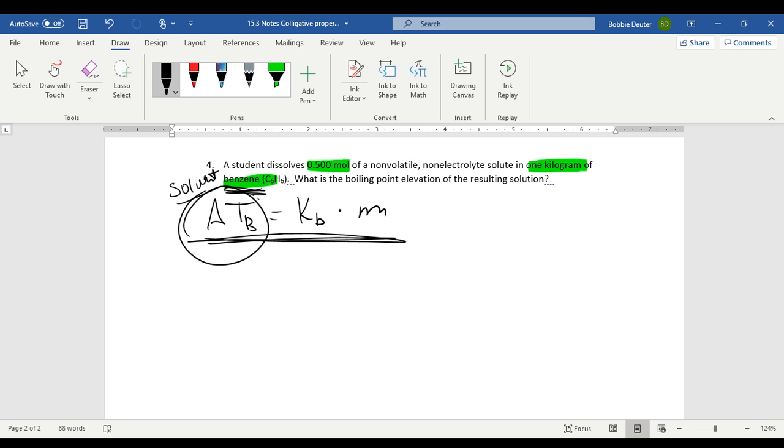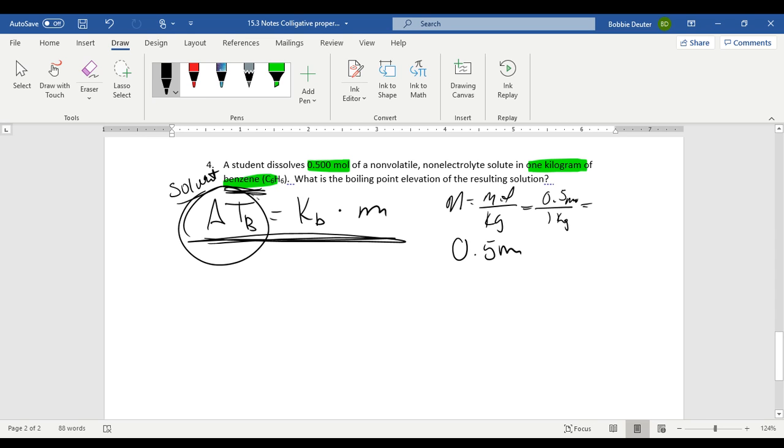However, we don't have molality in here. Well, molality is equal to moles divided by kilograms, right? They gave us 0.5 moles divided by 1 kilogram, and so we know that we have a molality of 0.5 m.